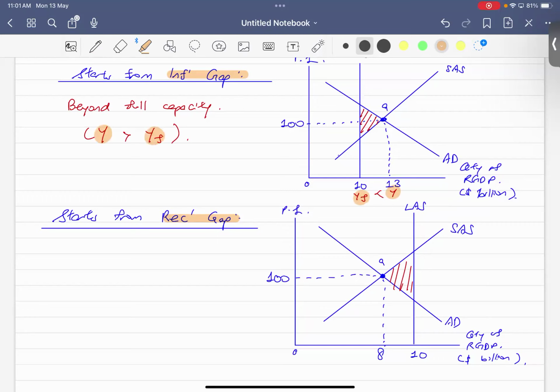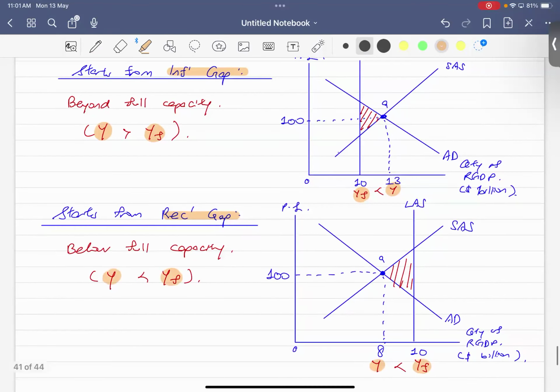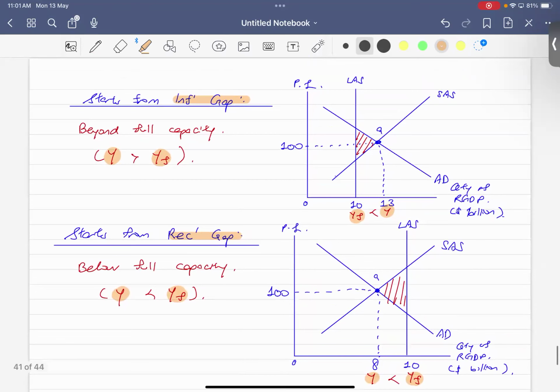Vice versa, when I say recessionary gap, that means below full capacity. Your full employment is here, but the output is here, which is lower. So output is lower than full employment. One more time, I repeat, do not start your point wrongly.